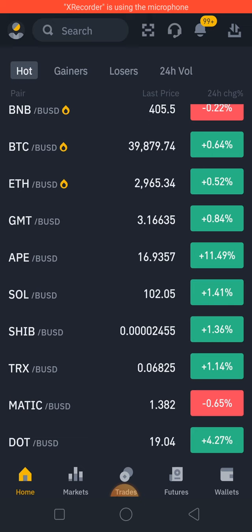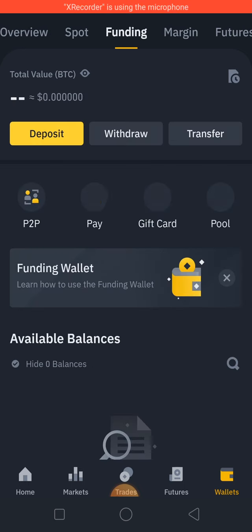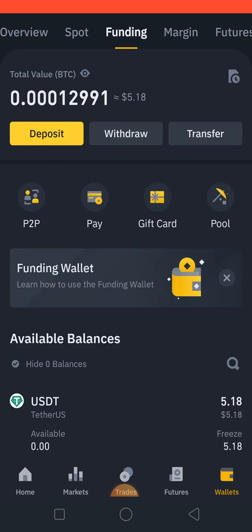First of all, I will show you from where we have to buy USDTs so that we can buy cryptos on this exchange. First of all, you go to your wallet, then funding, then here is written P2P.